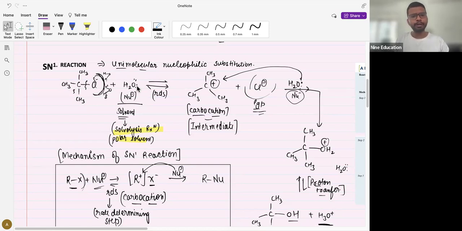Rate of the reaction depends upon the rate determining step. तो ये मैं ज्यादा लूं या कम लूं, it does not affect our rate. So the rate determining step is the breaking of the carbon and Cl bond to make carbocations. Once carbocation is made, further step can be done easily.